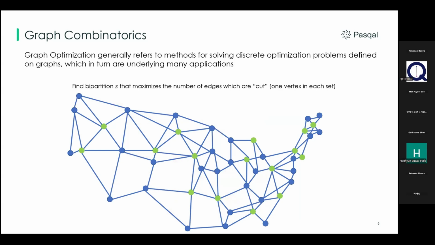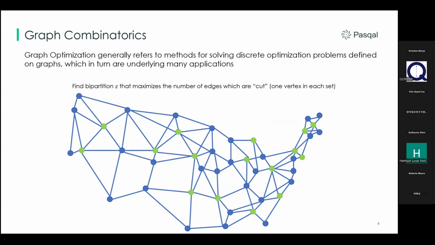So again, I'm taking the same graph. Now I've removed the map from the background for ease of reading and visualization. And we can ask other types of questions about this graph structure. One of the other famous problems is called the max cut or maximum cut problem, which asks you to separate your nodes, in this case your cities, into two groups such that the number of edges that run between these two groups is the maximum possible.